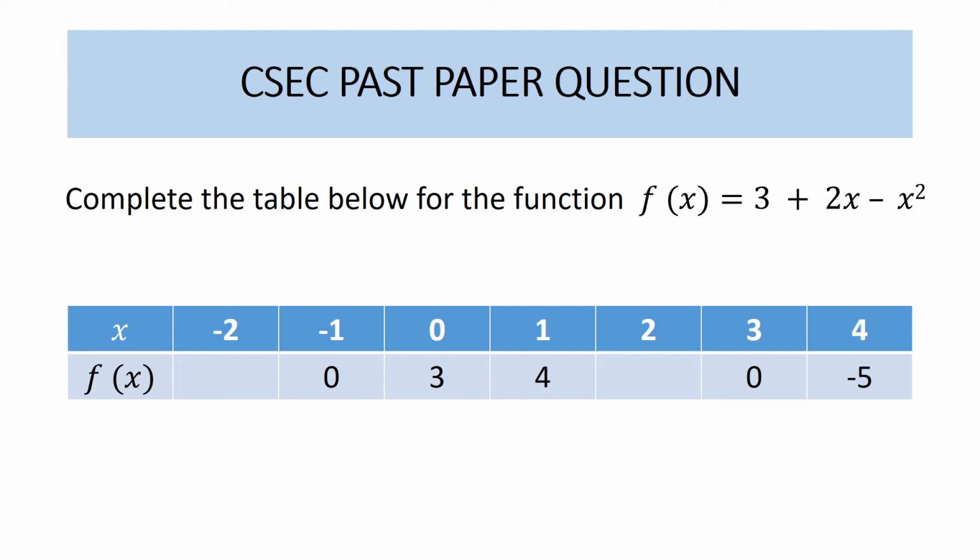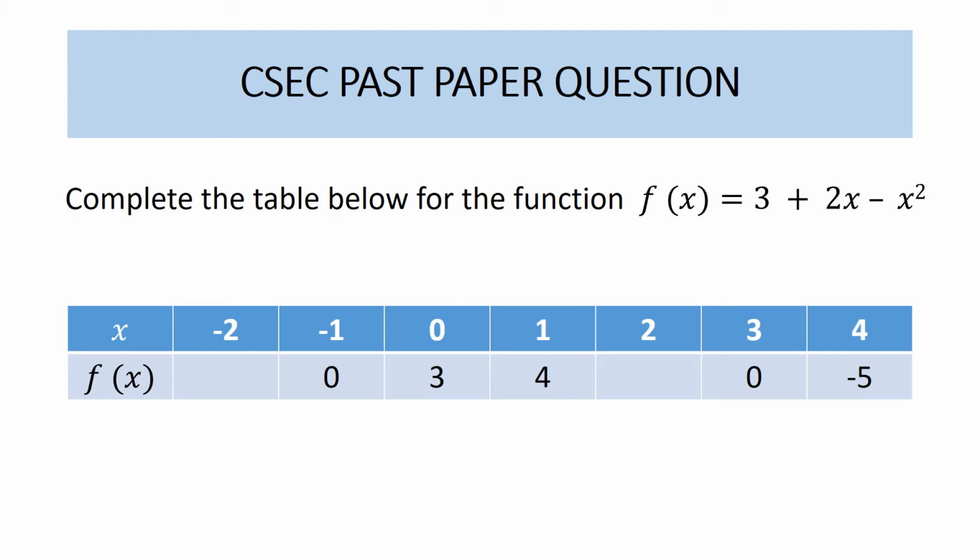In this case, we're going to be substituting our x values into our function to calculate our y values. So when x is equal to -2, we have 3 plus 2 multiplied by -2 minus -2 squared. When x is equal to 2, f of x is equal to 3 plus 2 multiplied by 2 minus 2 squared.